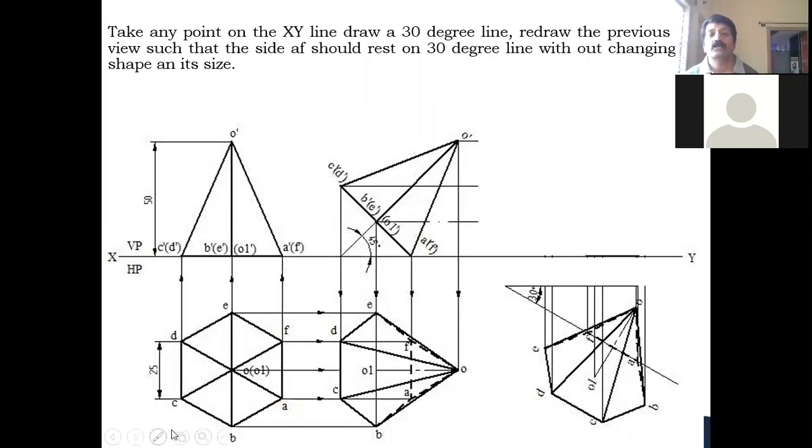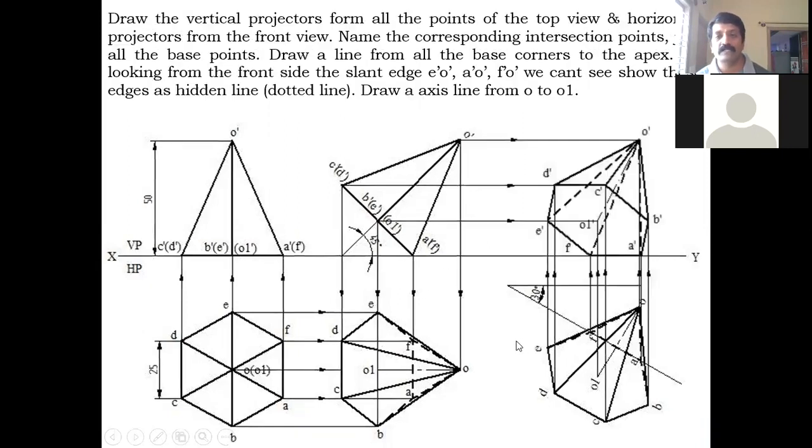After this, to get the front view of the final position, draw the vertical projectors like this from all the base points and the axis points, one by one. After this, draw the horizontal projectors also from all the points, one by one. Then coincide the points. So where is A?